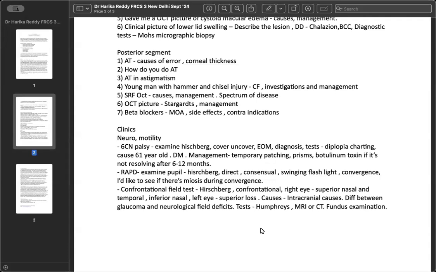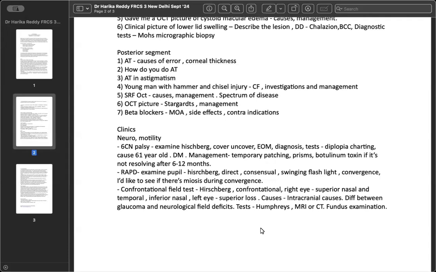Then the second case I had was RAPD. So you basically have to ask them to dim the lights. They will tell you just examine the pupil. Again, when they tell you to examine the pupil, for all pupil cases, ask to do it in dim light. Then again, you start with Hirschberg, direct, consensual, swinging flashlight test.